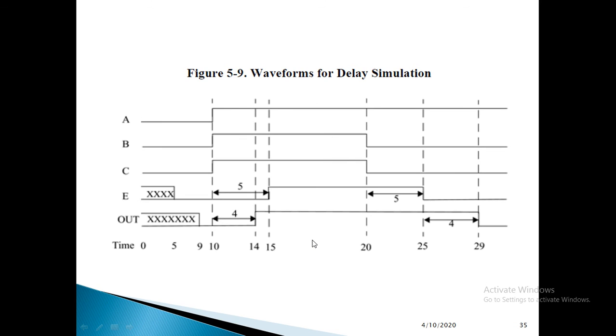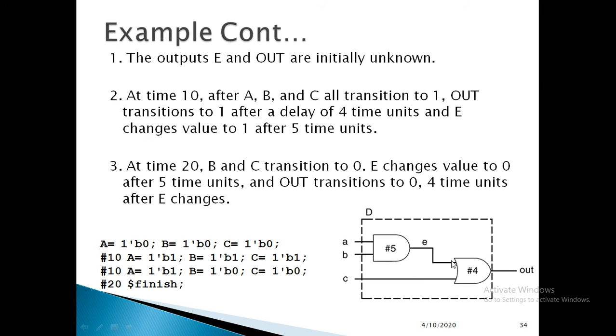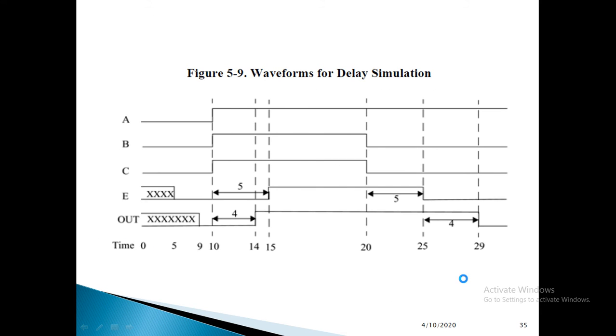Here the inputs of this gate are the C input and the E input. When any of these inputs changes from its previous condition, this gate has to wait 4 time units and then the output will show the effect of the input change.